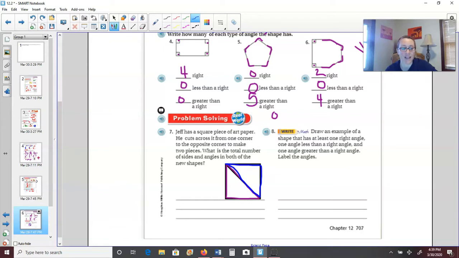We have to count that again because that shared side down across the middle is shared between both triangles. So if the purple triangle had 3 sides and the blue triangle had 3 sides, what is 3 plus 3? 6. Thank you for whoever shouted out the answer. All right, so there are 6 sides.